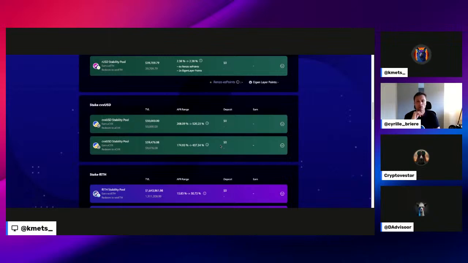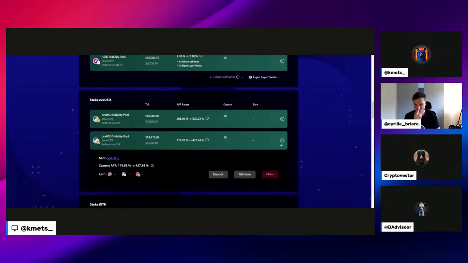So some folks have already decided to put their cvxUSD to work getting that. So it's going to be really cool, like you said, CryptoVestor, to see how this blossoms and how people adopt it, and how these APRs wind up in the future in terms of what people's risk appetite is.